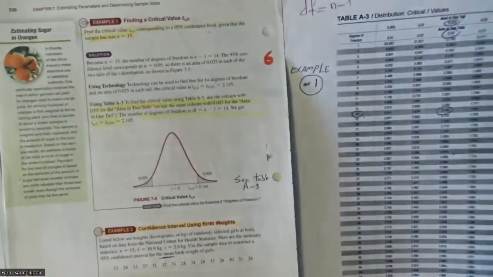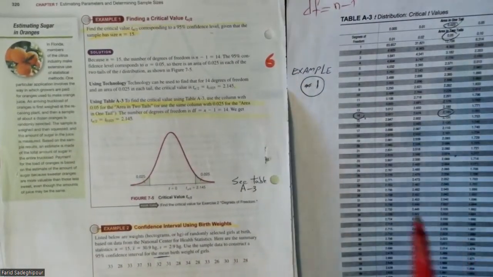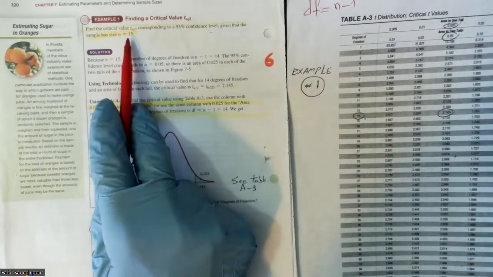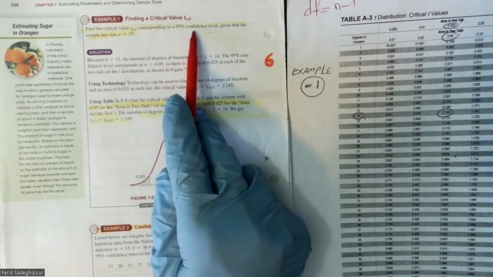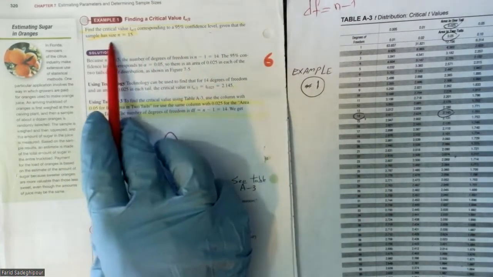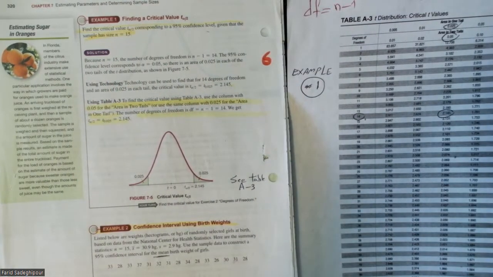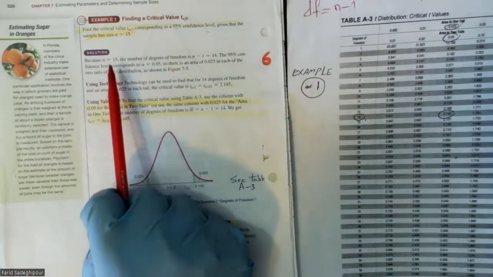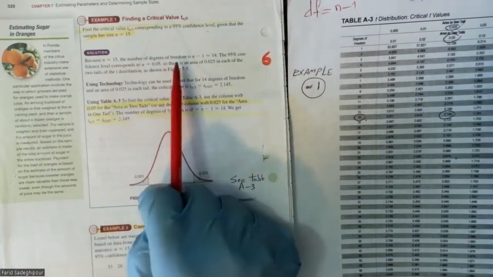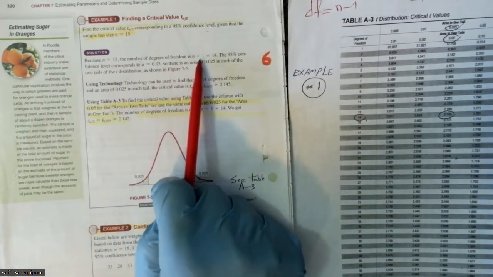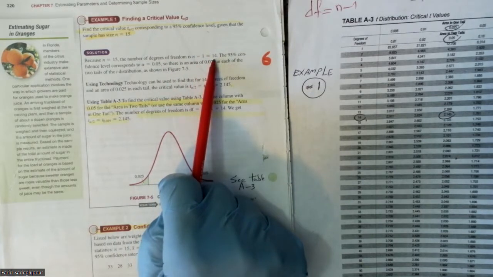Like in this problem here: find the critical value of t, 95% confidence, and sample size is n equal 15. Okay, so when the sample size is n equal 15, then degree of freedom is n minus 1, which is 14.